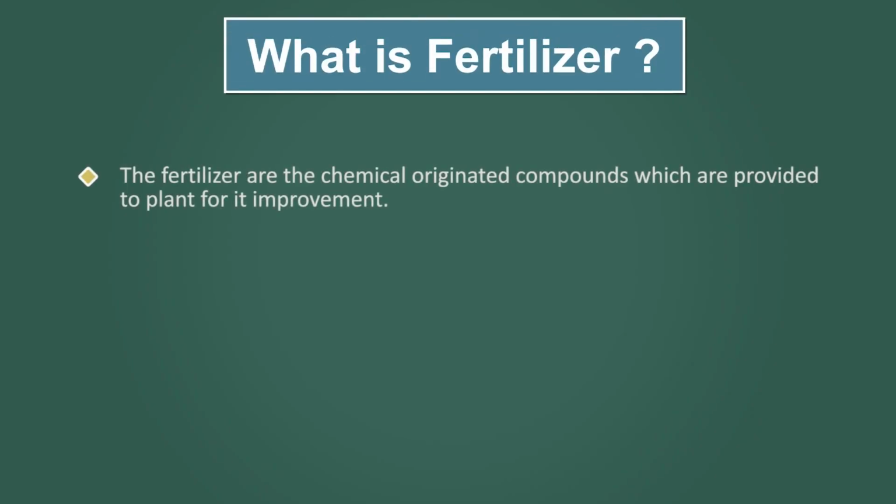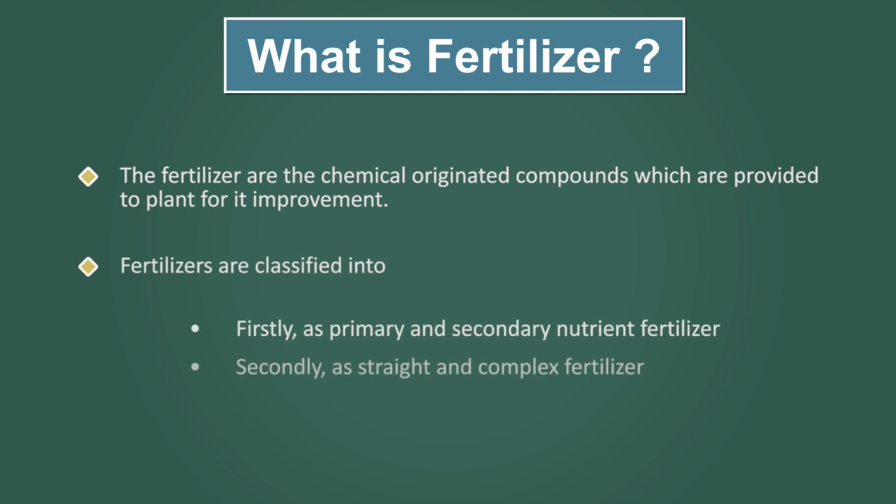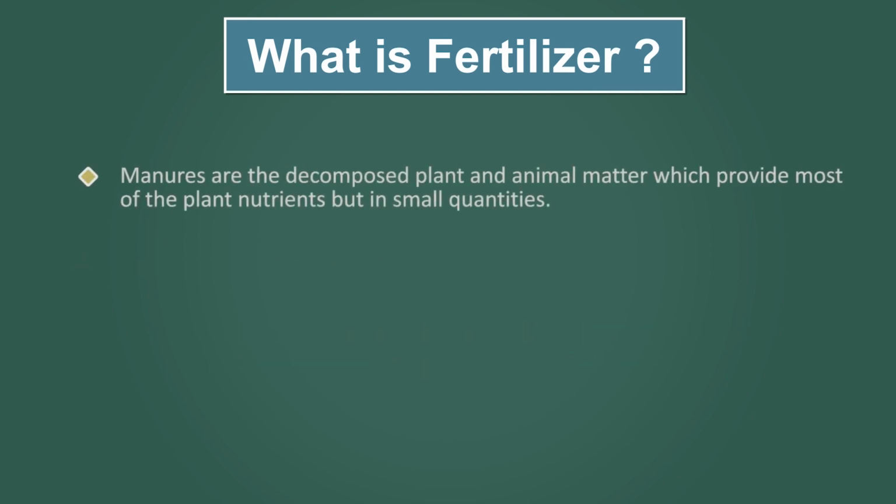Students, let's summarize what we have learned in this session. The fertilizers are the chemically originated compounds which are provided to plants for their improvement. Fertilizers are classified into primary and secondary, and as straight and complex fertilizers. Manures are the decomposed plant and animal matter which provide most of the plant nutrients but in small quantity.